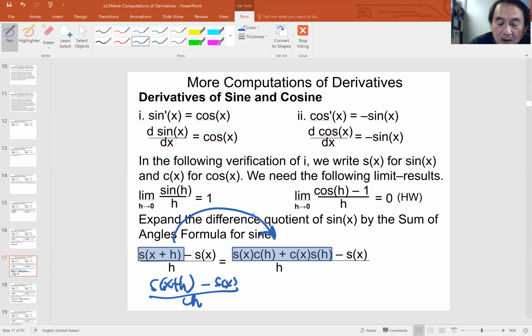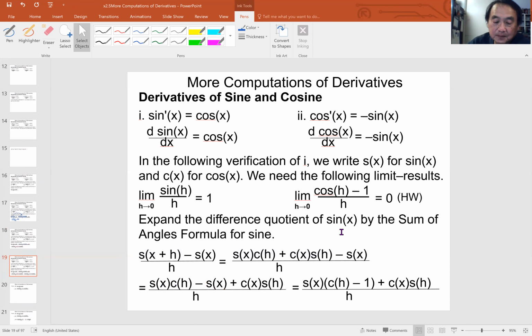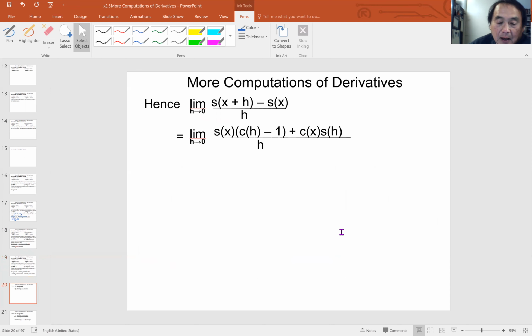By the formula for the sum of angles, I can write sine of x plus h in this form. Carry the algebra through, pull the sine of x out and group terms together, and then I can write the difference quotient in this format. Then I break this into two pieces.